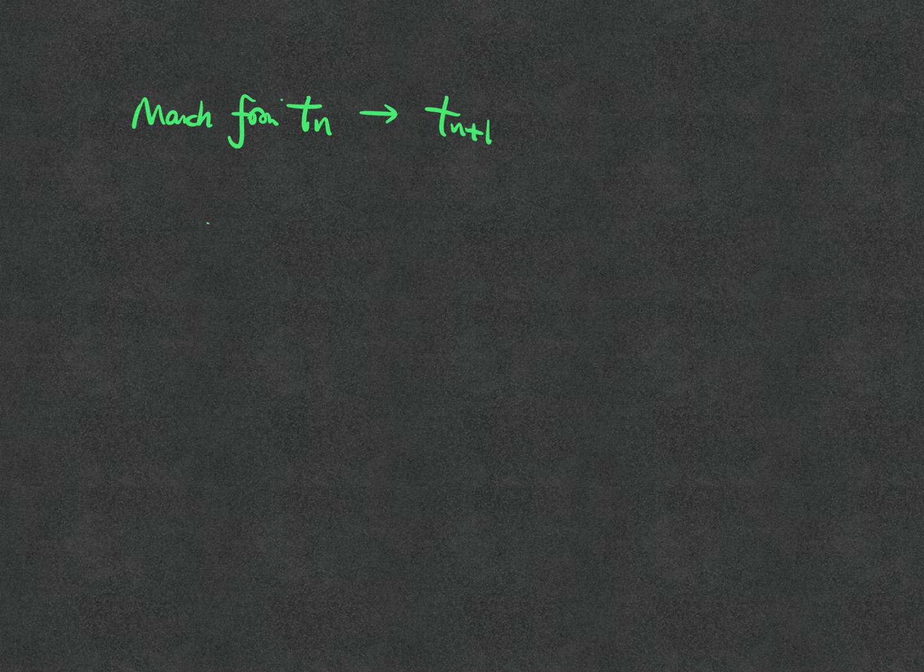The only thing I know between tn and tn plus 1 is the change of the elastic strain. Now I write the total stress as equal to the trial stress minus the correction term.